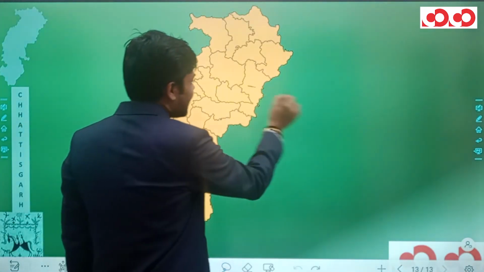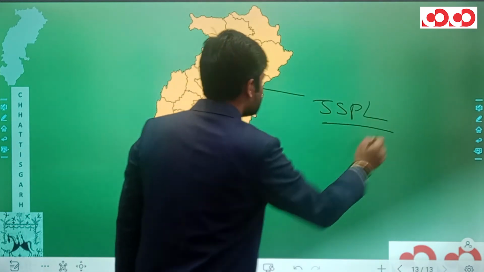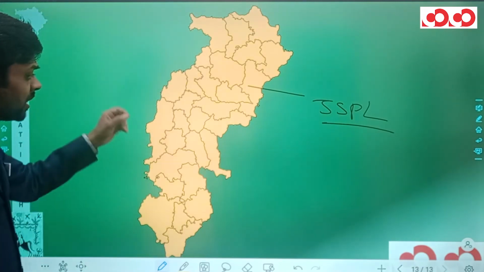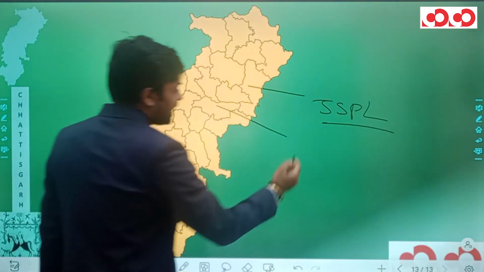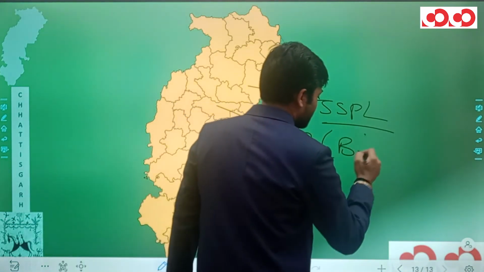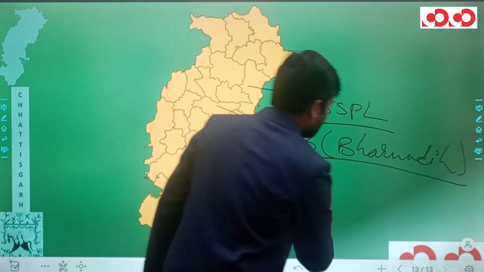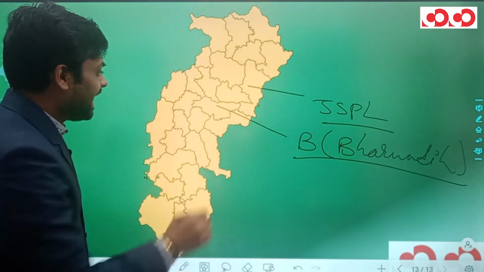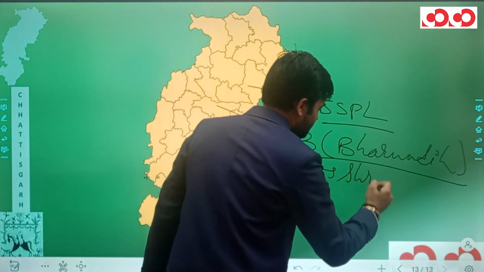In Raigad district of Chhattisgarh, we have JSPL Cement. Talking about Shri Cement, in the Baloda Bazar district, we have Bharwadi. And in this Bharwadi, we have the factory of Shri Cement.